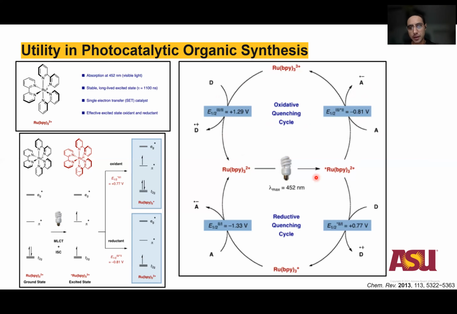Correspondingly, in the reductive quenching cycle, the excited state Ru(bpy)3 would be reduced by some reaction component to form a Ru(bpy)3 plus intermediate, which can then be reoxidized by another reaction component to complete the catalytic cycle. So that's the basics of how photoredox catalysis works.